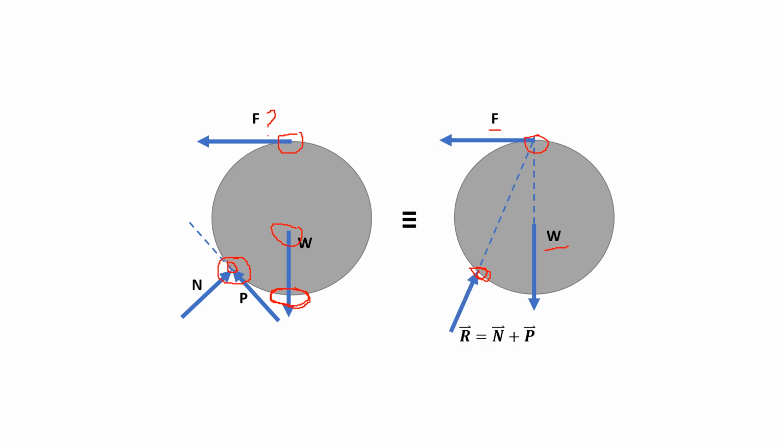So we can now get the resultant of N and P, and that would be R here.